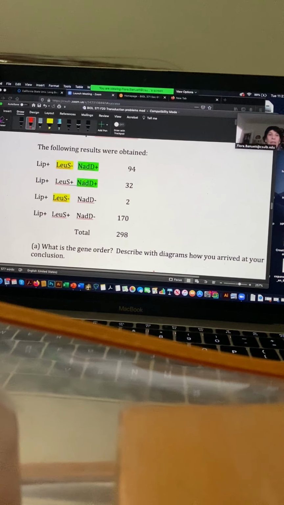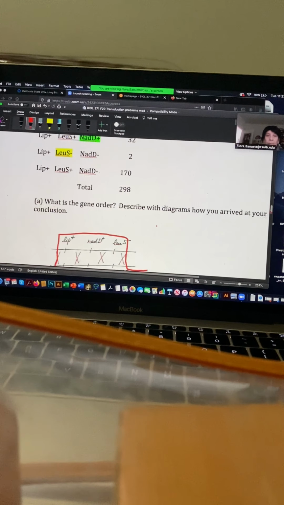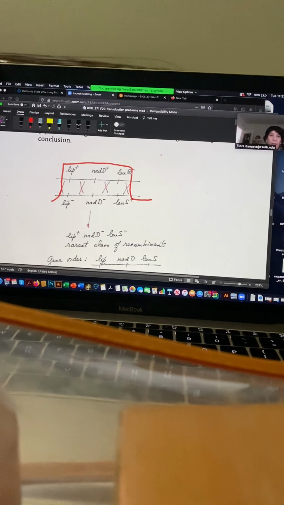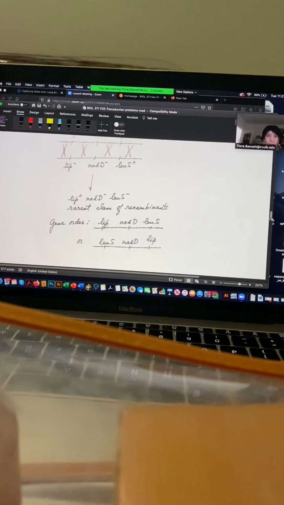So nad plus, lu minus, okay, this class here. So that's how you know where the different recombinant classes come from, and they represent double crossovers.